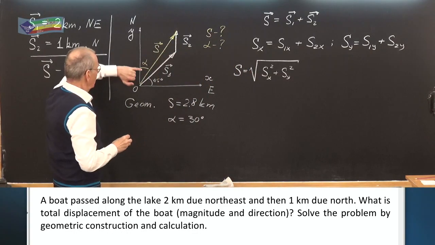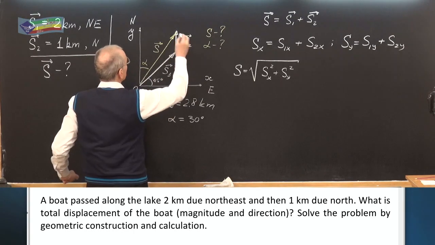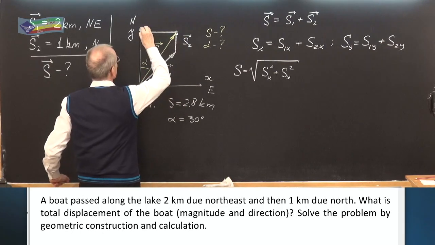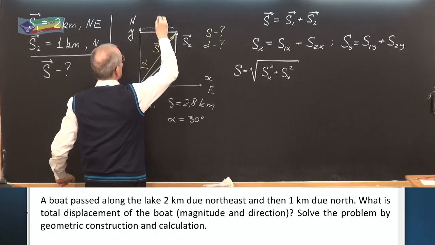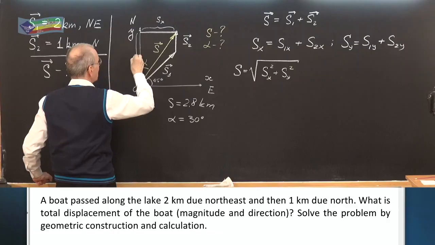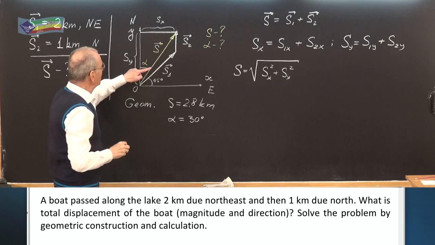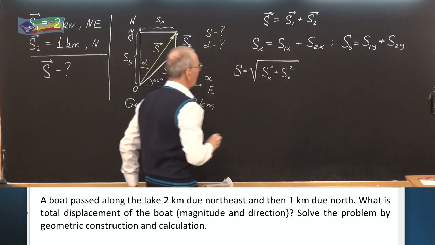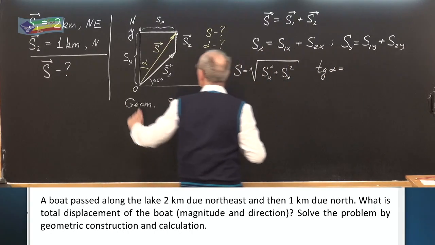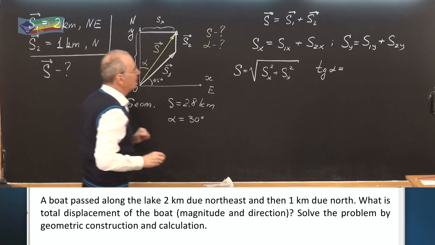And if we have to find alpha, we can use this triangle. This is Sx, this is Sy. So tangent of the alpha angle equals Sx over Sy.